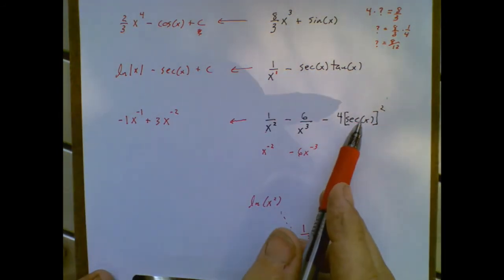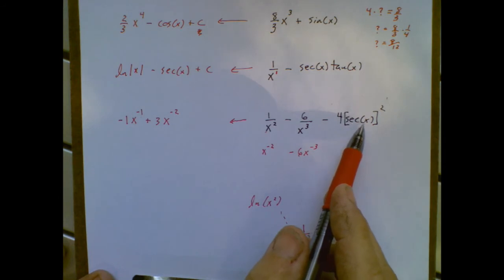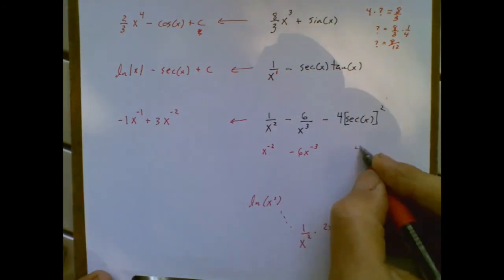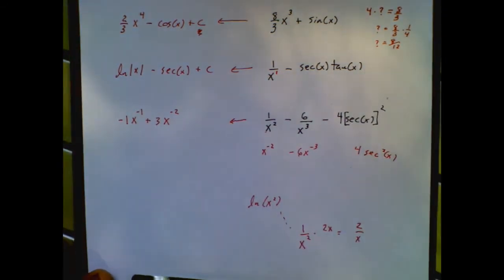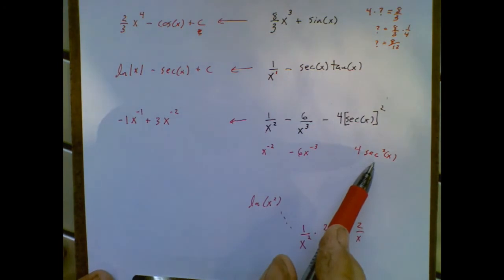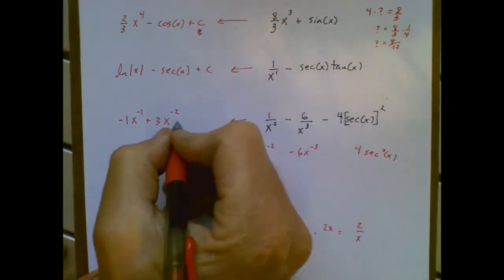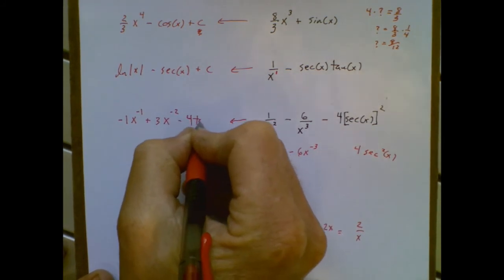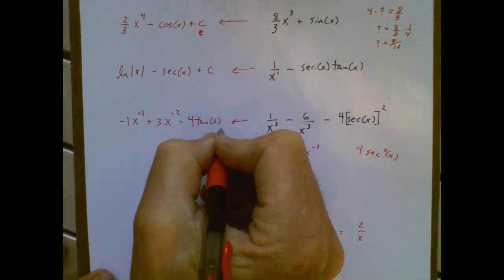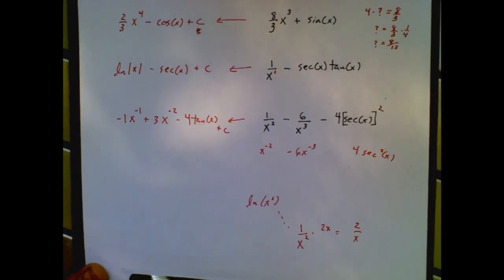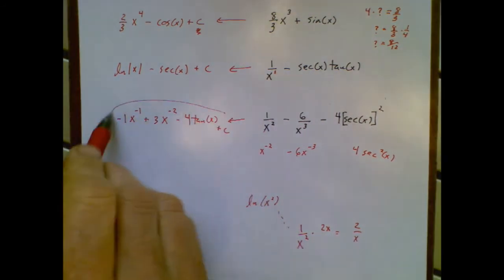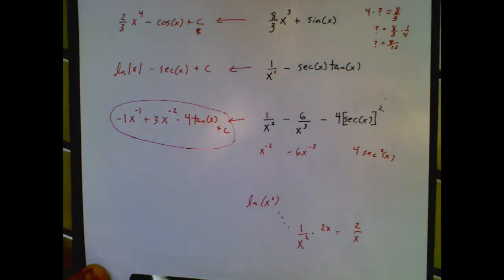And then finally, for this one, secant of x squared is kind of 4 secant squared x. Remember that the derivative of tangent is secant squared. And we have one pretty nasty antiderivative.